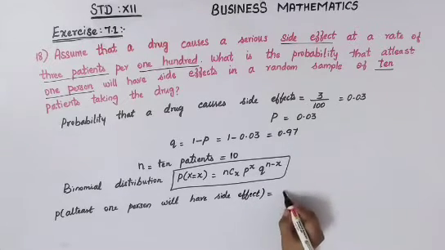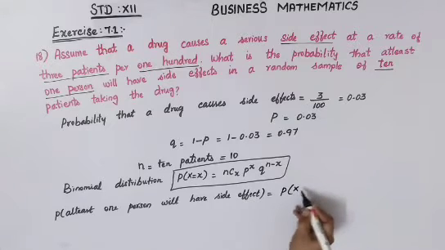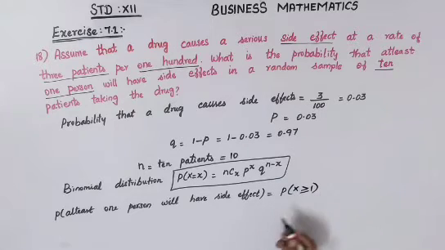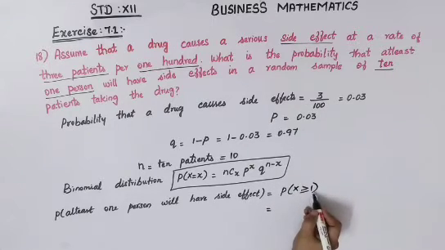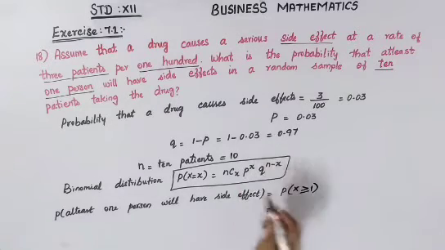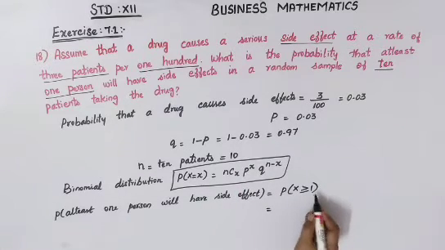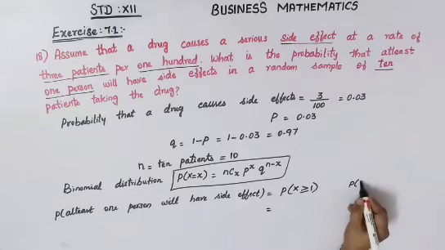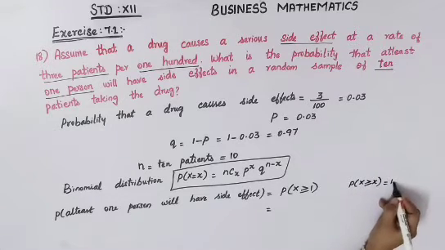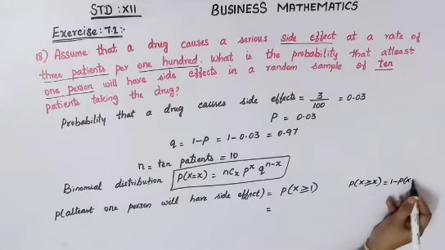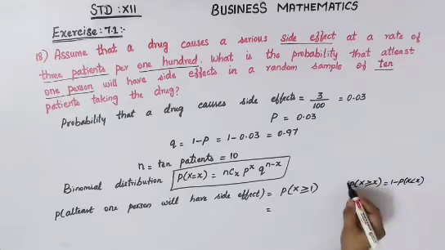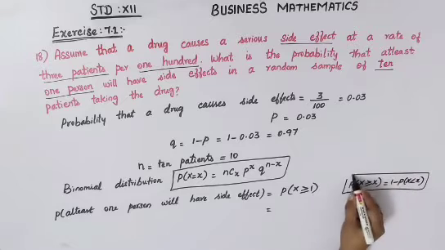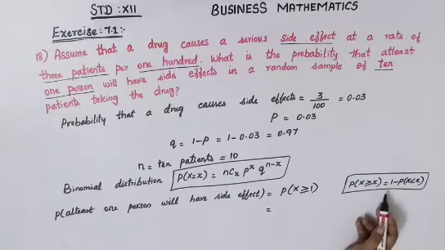So it is P of X greater than or equal to 1, because from 1 to 10 patients you have to find it. It will become a big sum, so you can use the property that P of X greater than or equal to x can be written as 1 minus P of X less than x. First one is capital X and second one is small x.